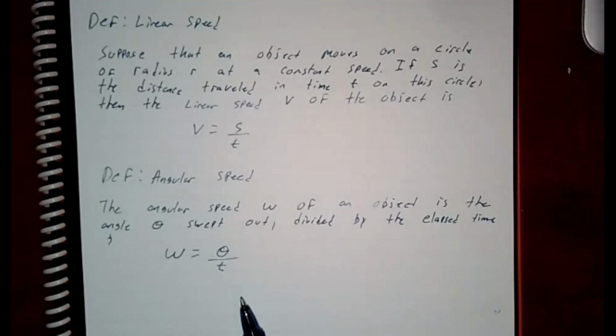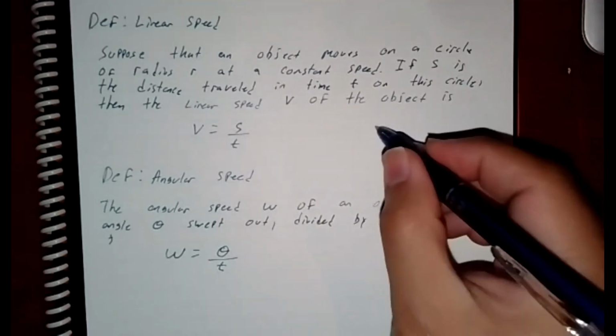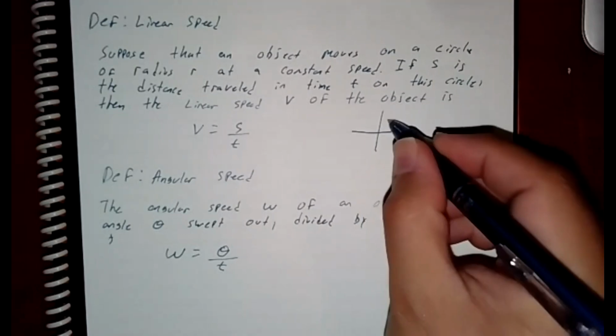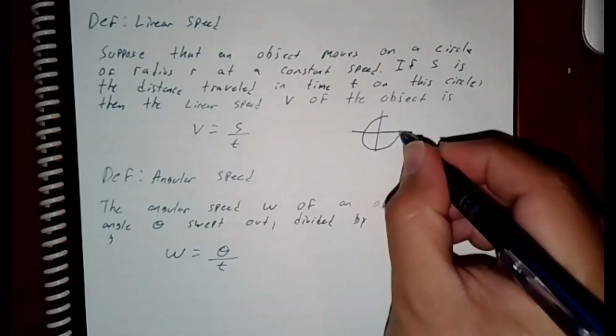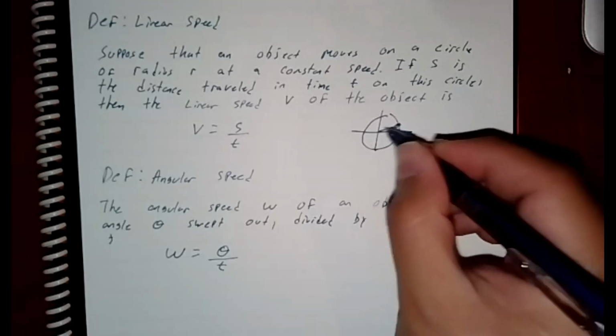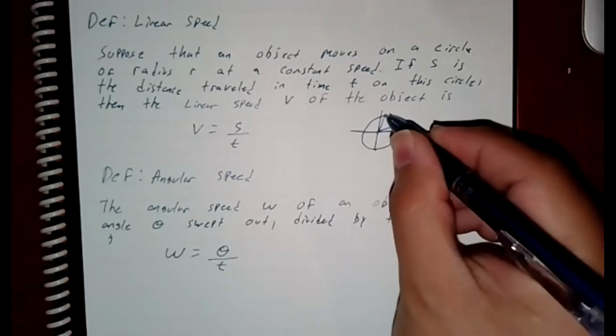Can you explain it one more time? Sure. So linear speed is just the speed you go in circular motion, around and around a circle. Let's say I had a circle, right? So if I went from here to here, how fast am I traveling along this distance?